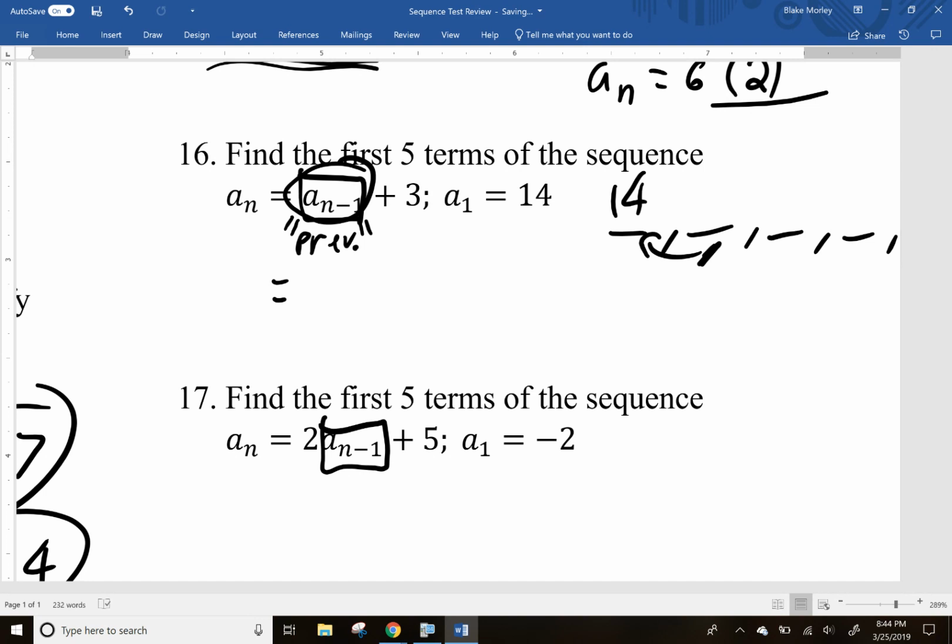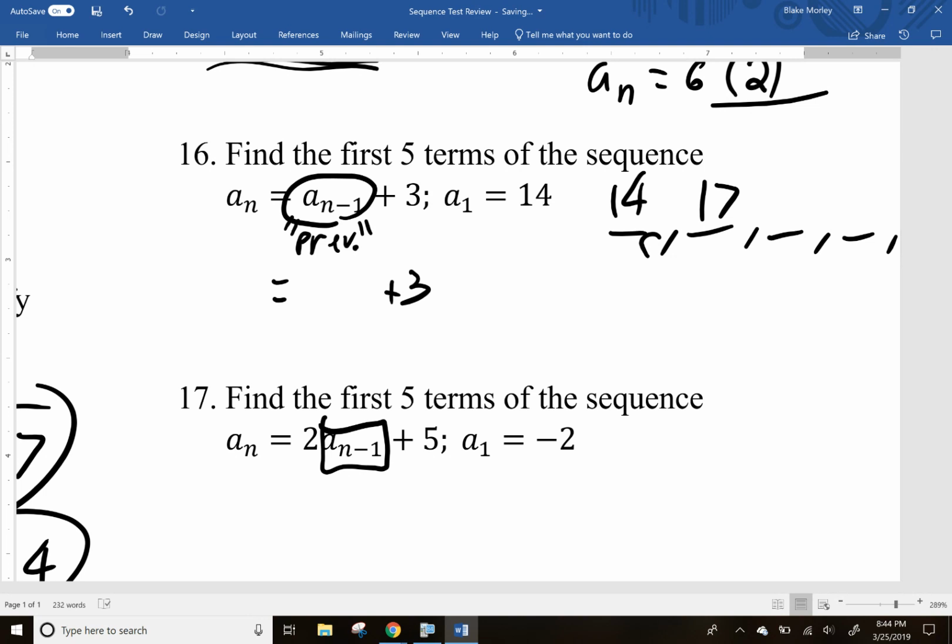So that means the second term would be 14, and I'm going to put it in a square because I put this in a square. 14 plus 3. So whenever you see that an minus 1, you have to replace that entire space with the previous term. So the second term, 14 plus 3, is 17, so the second term is 17.